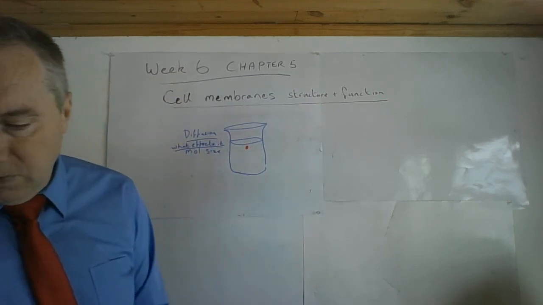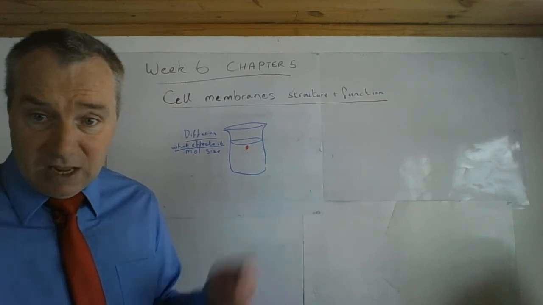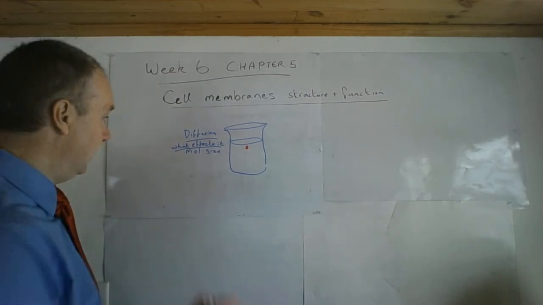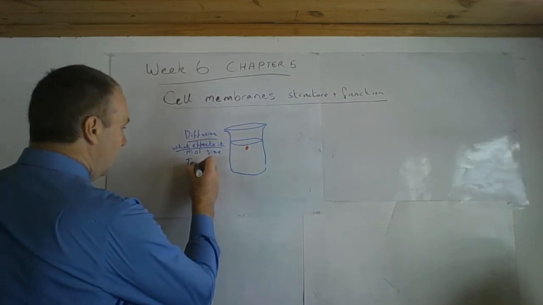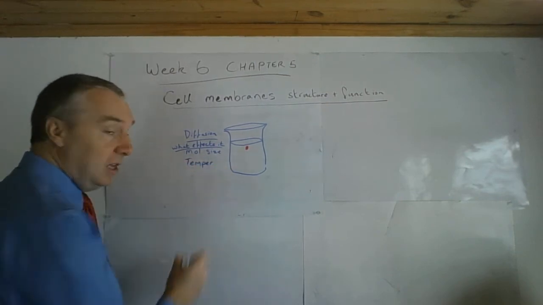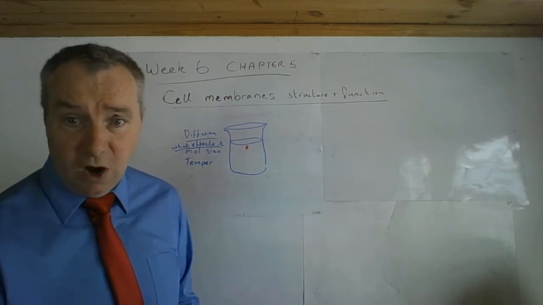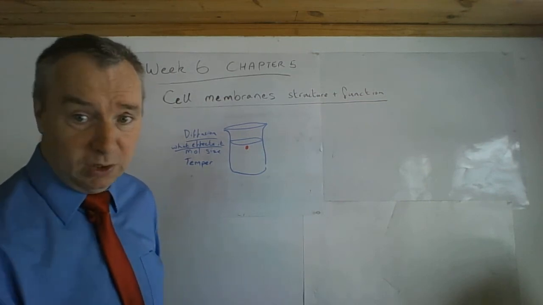The next thing, any of you that drink tea will know this right away. Temperature affects diffusion. So when you're making your cup of tea, you'll notice that it's much easier to make a cup of tea with hotter water than to try and make it with colder water.